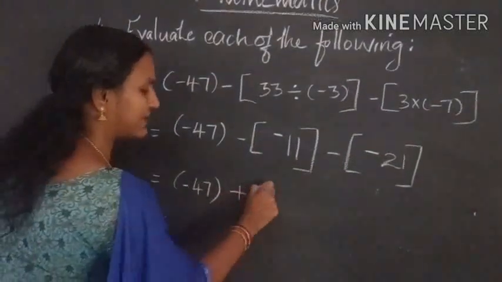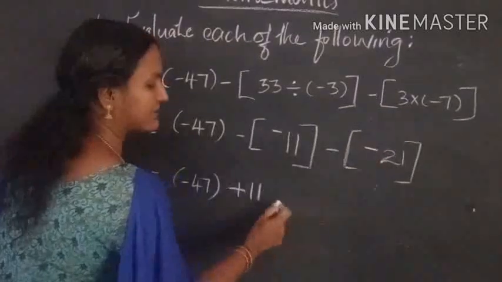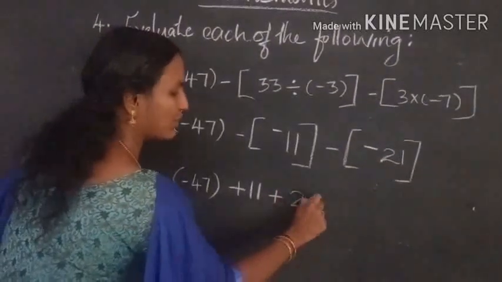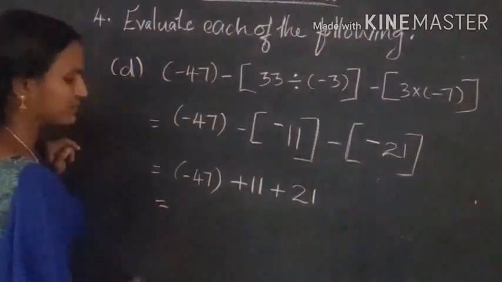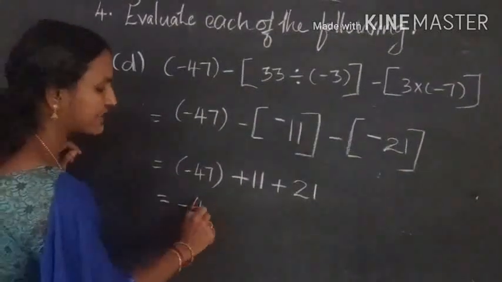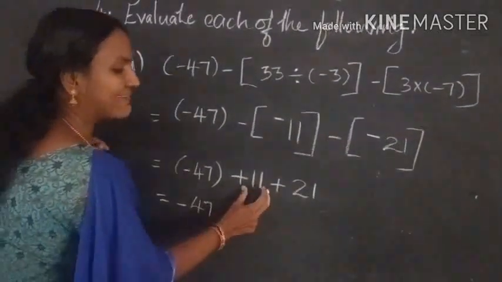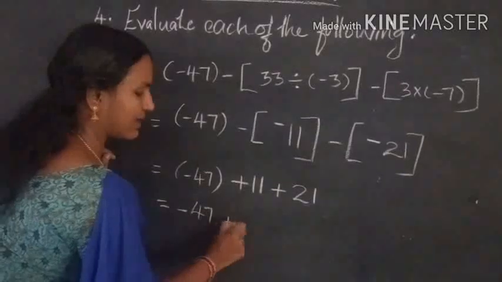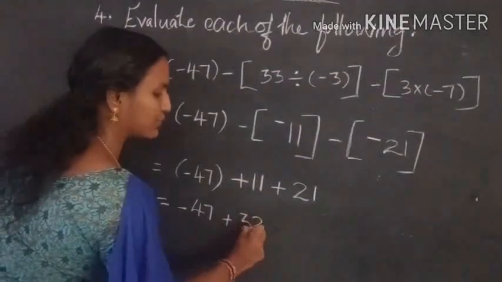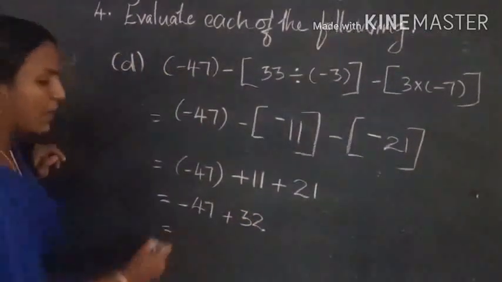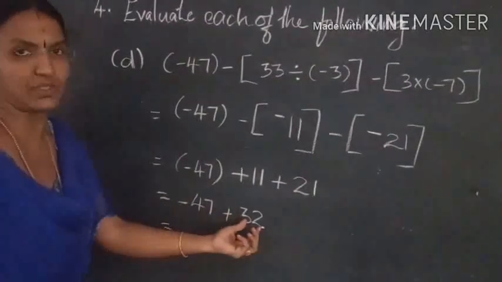Plus 11. Then minus into minus again plus 21, is equal to minus 47 plus 11 plus 21. 32 is equal to minus 47 plus 32.